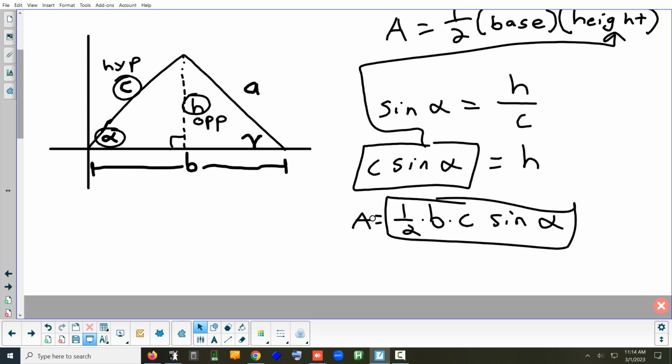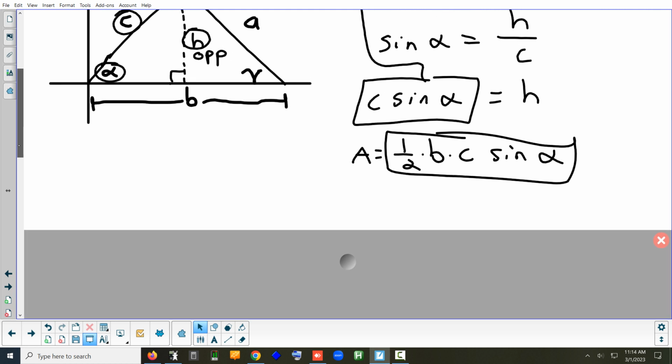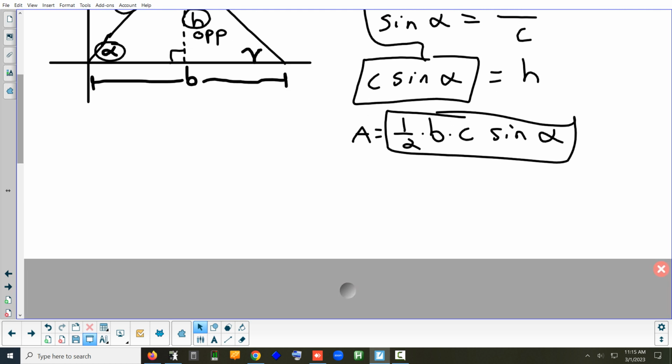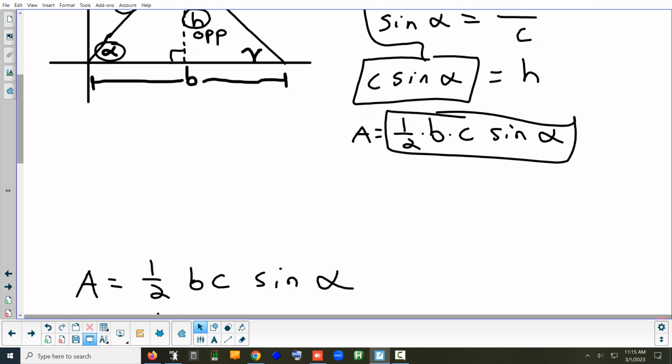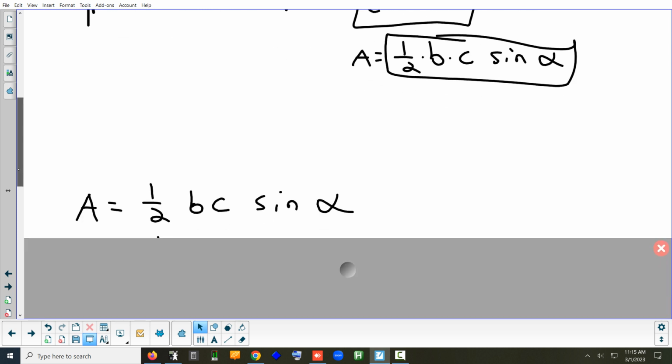And there you go. 1/2 BC sine alpha. That's one version of the area, but you can write the version using any angle you want, alpha, beta, or gamma. That's the version we just came up with, 1/2 BC sine alpha.